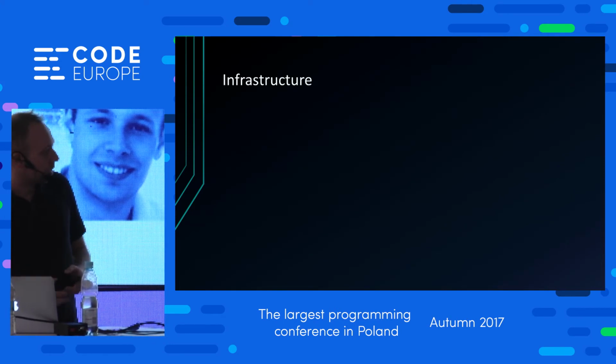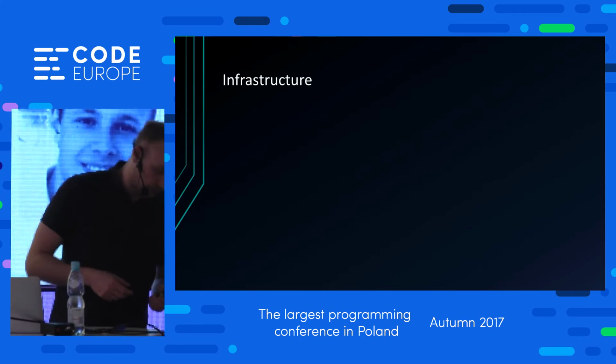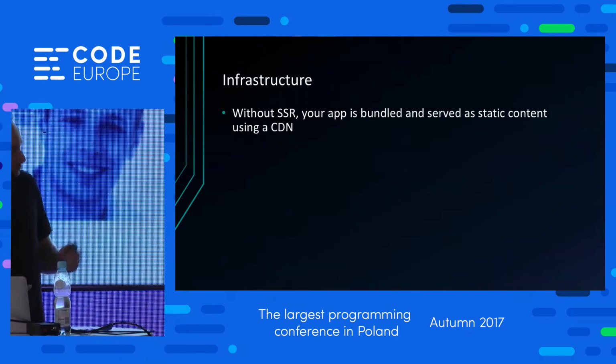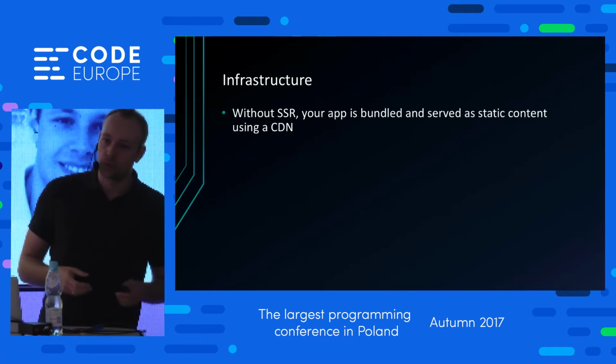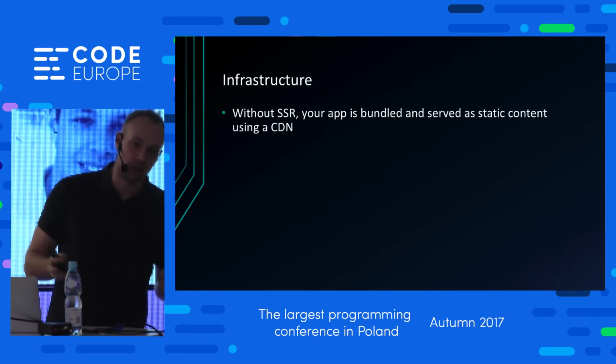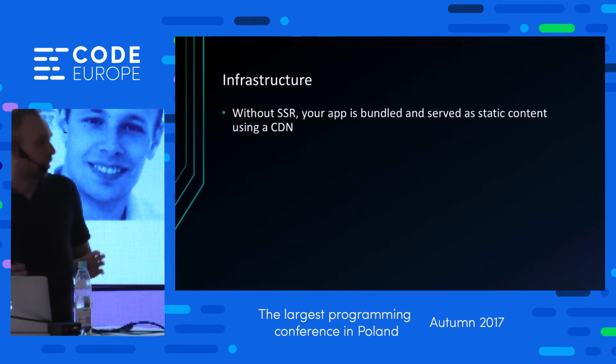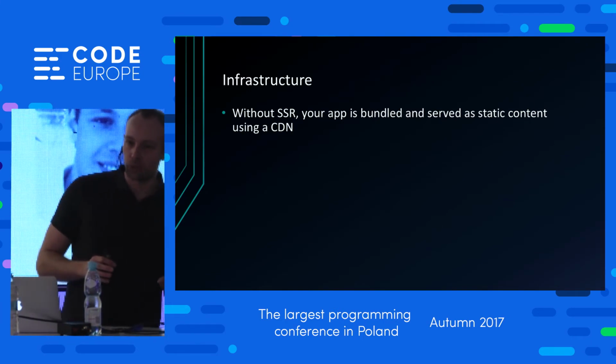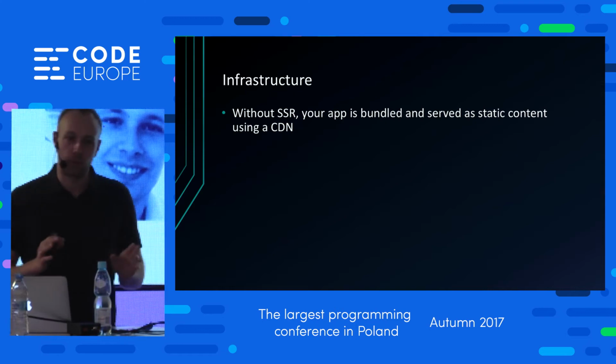Right. The last point is infrastructure. On a traditional web app without server-side rendering, you bundle your app, you push it to a CDN, and even if you have a high-traffic website, for a few hundred dollars of CDN per month, you can serve the whole world, and there is no problem.